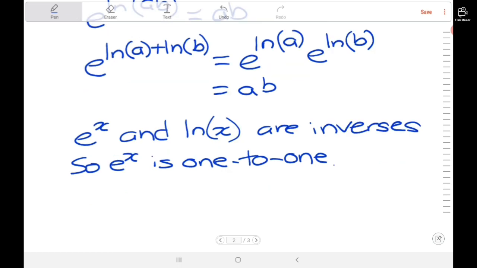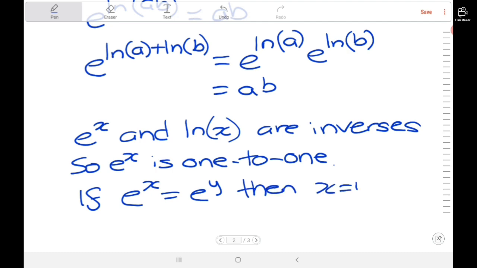What does that tell us? Well, it tells us that if e to the power x equals e to the power y, then x equals y. That's what it means to be one-to-one. So, because e to the x and the natural log are inverses, we know it's one-to-one.